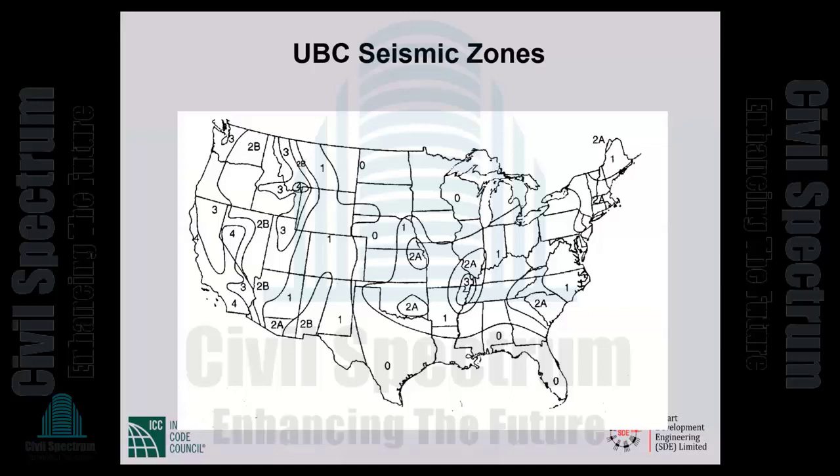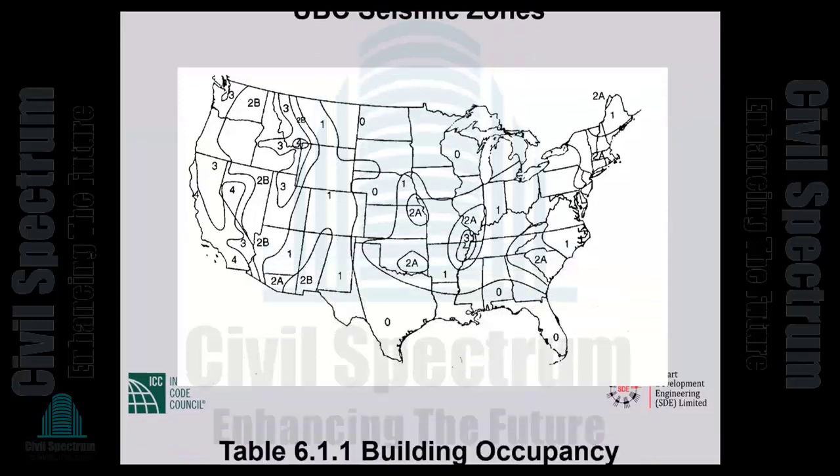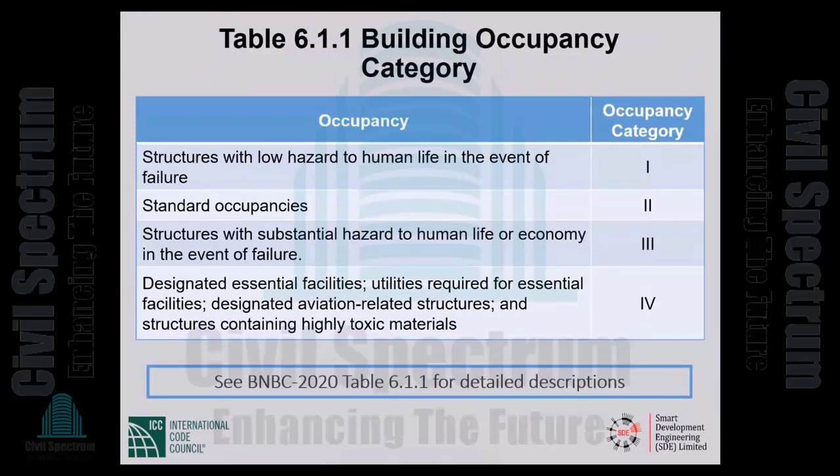Back then, we had zone 1 through zone 4. 1 was the lowest, 4 was the highest, and zone 2 had a 2A and 2B in it. And then we went away to the maps of S sub S and S sub 1.